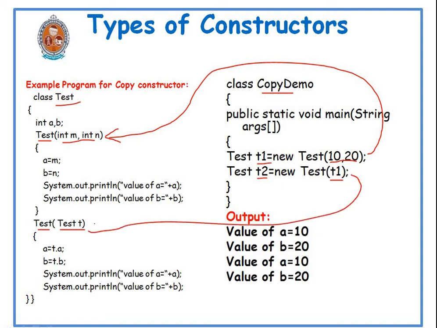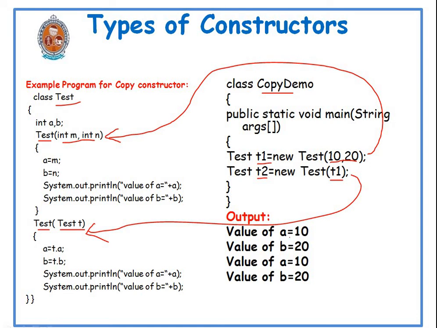So the object reference t1 is copied into t. So a equals t1 dot a. What is t1 dot a? 10. What is t1 dot b? 20. So a and b are assigned 10 and 20. After that, we have written two output statements to print a and b. That is, it prints 10 and 20: the value of a is 10 and the value of b is 20.